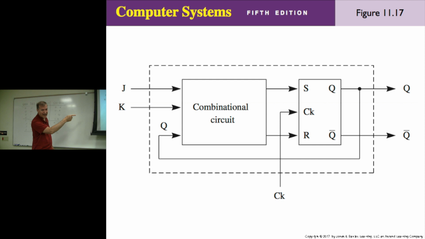Because we already have automatically, as one of the outputs of the SR flip-flop, Q bar. So we don't actually need to use Q and then put an extra inverter there. We can save ourselves a gate, we can save an inverter by using the Q bar. I don't like to draw the Q bar going into that combinational circuit. It would make it look like a 4-input circuit, but it's really just a 3-input circuit, right?